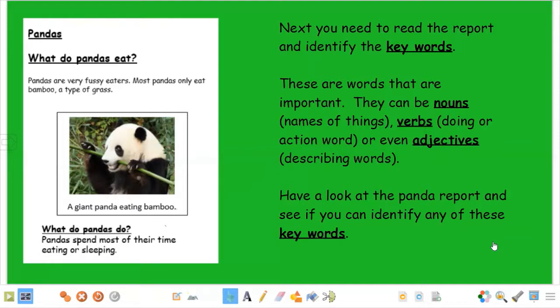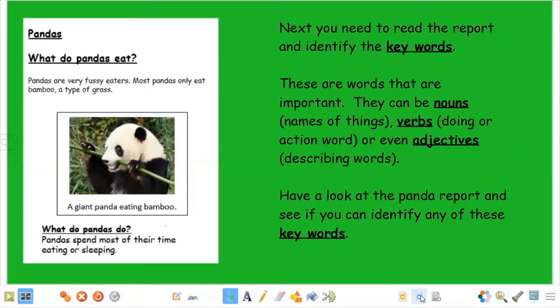If you've got this report printed off at home, you can use it with me, and you can get a pen and highlight, colour in the words that you think are key words. Okay, so what I'd like you to do is to pause the video now and make a list of or highlight the key words in the report.